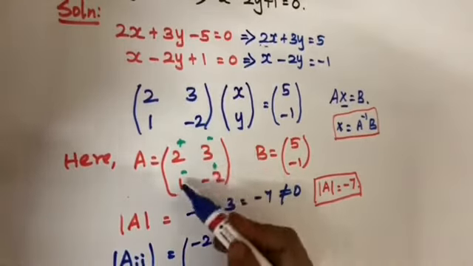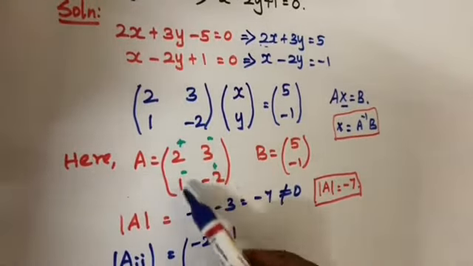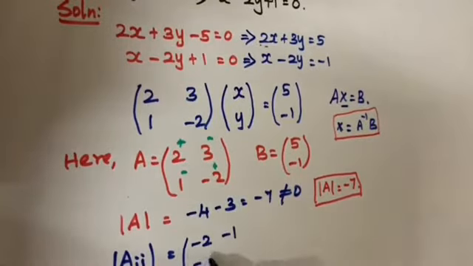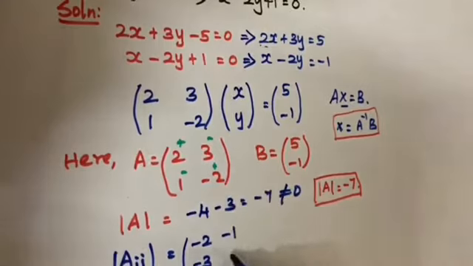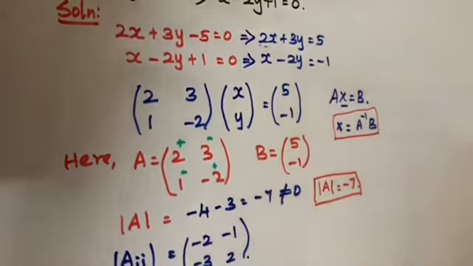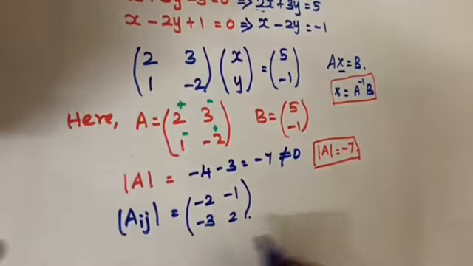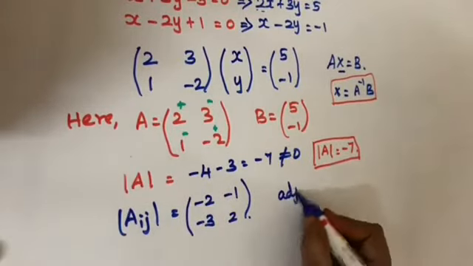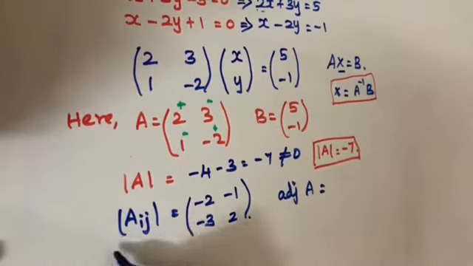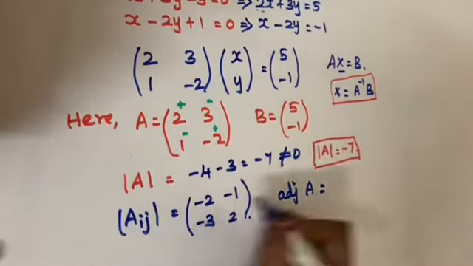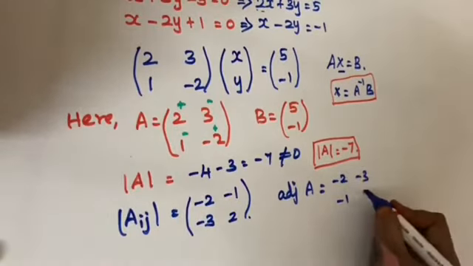For 3, it is 1, but you have to write it as minus 1. For 1, it is 3, so you write it as minus 3. For minus 2, it is 2. This is the cofactor matrix. Now we have to write adjoint A. Adjoint A is equal to the transpose of Aij, right? So its transpose is minus 2, minus 1, minus 3 and 2.